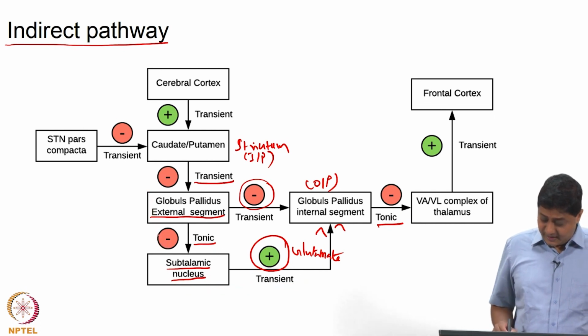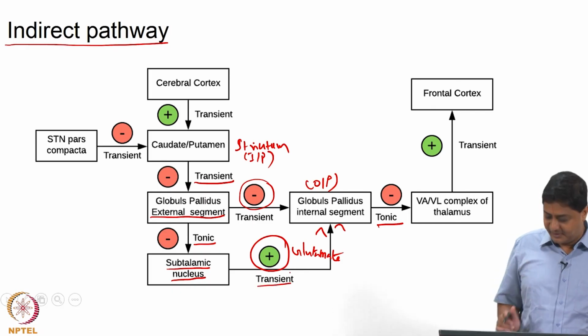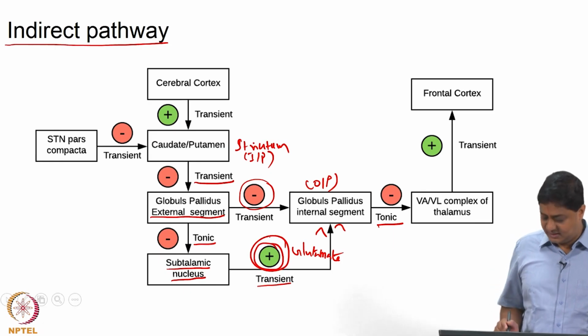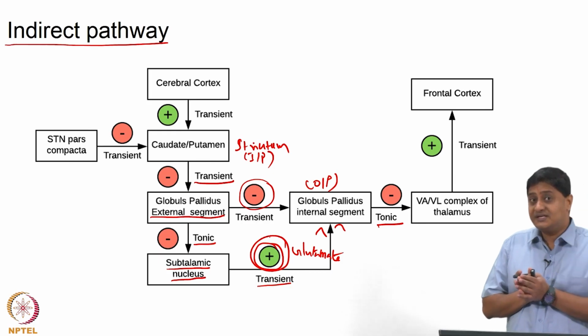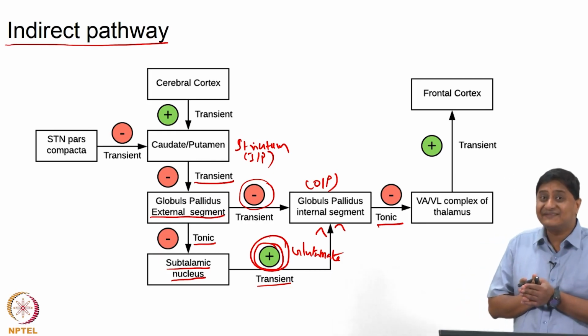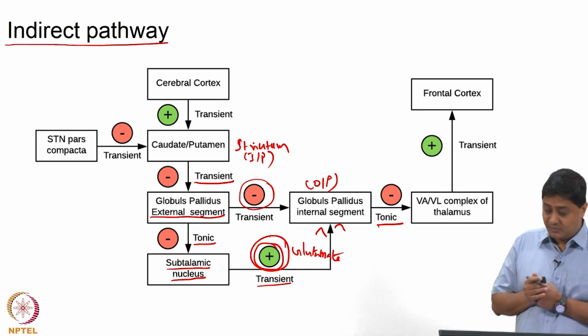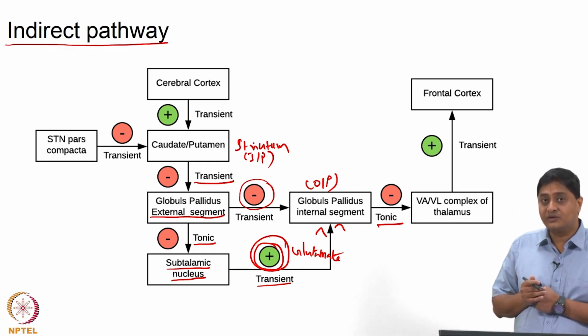So, the GPI neurons are transiently excited, not inhibited, transiently excited by the subthalamic nucleus. Whenever the subthalamic nucleus is activated, whenever it is excited, it is going to increase the inhibition level provided by the GPI to the thalamocortical neurons.